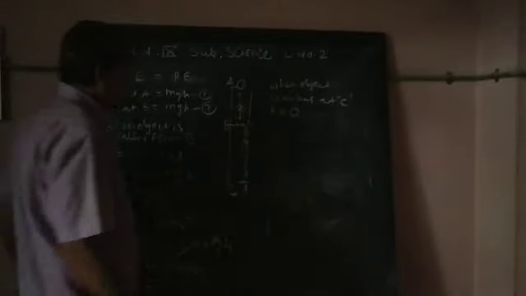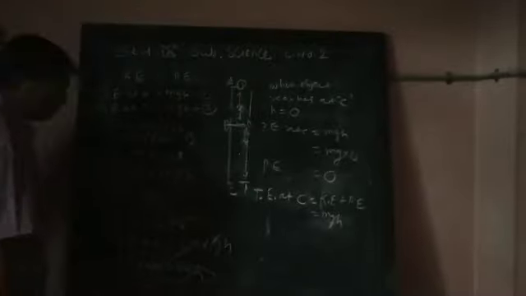Now when this object reaches C, what happened? h is equal to 0. Therefore, potential energy at C is equal to mgh, so m into gravitational acceleration into h, which is 0. PE is equal to 0.